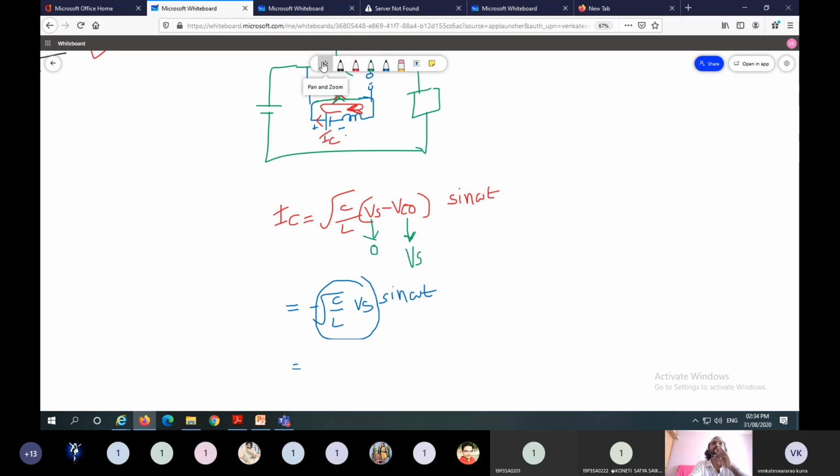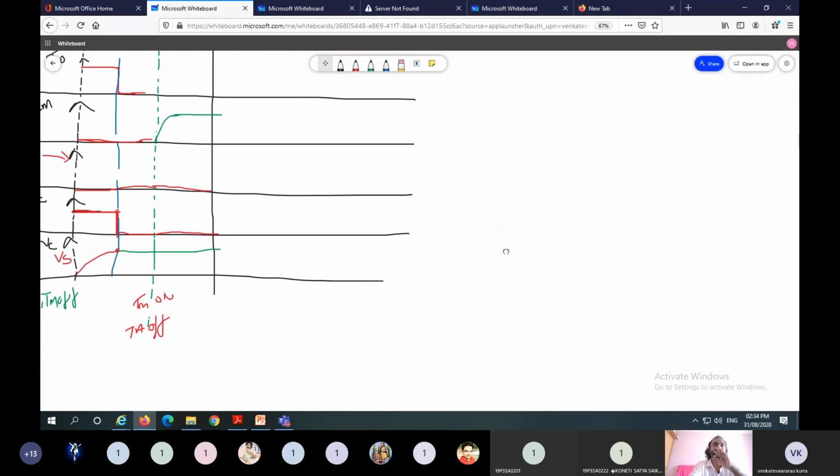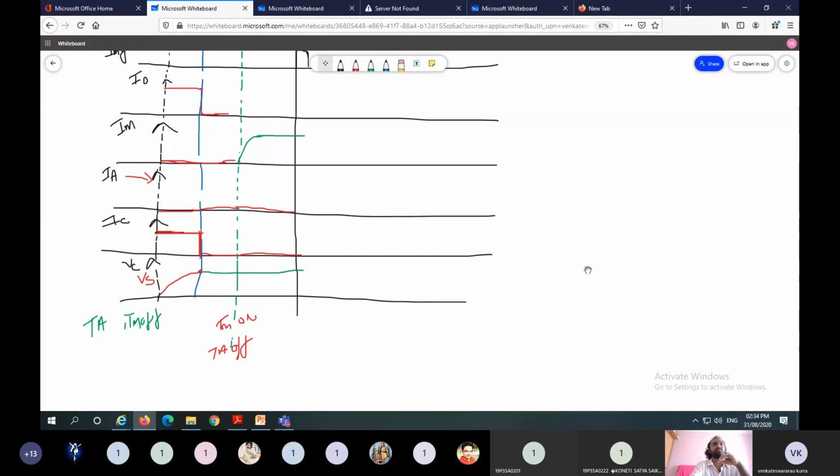So they draw the curve for the capacitor current. So this one is the capacitor current.